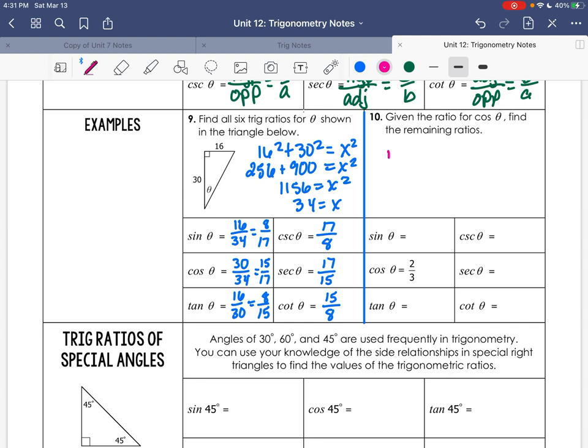So this is what they wanted us to do, is to draw this triangle. This is the right angle part, and this is theta. And so 2/3, this of course would be the hypotenuse, and cosine means the adjacent one, so 2 goes there.